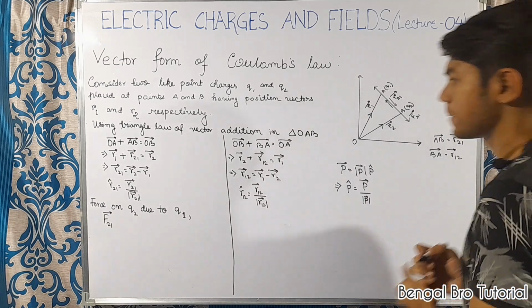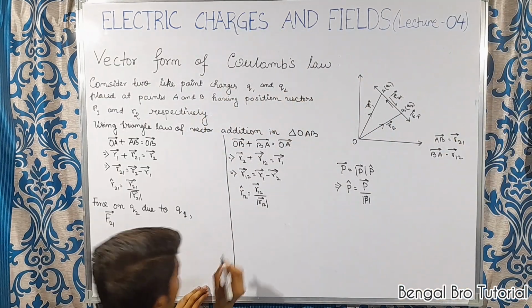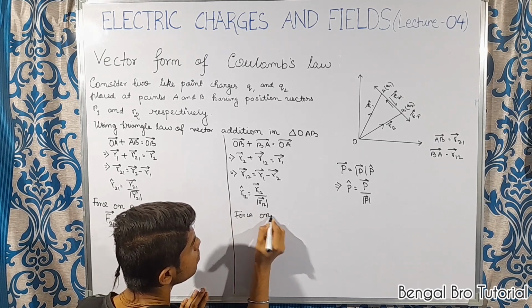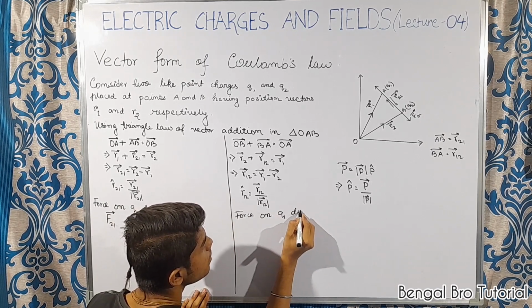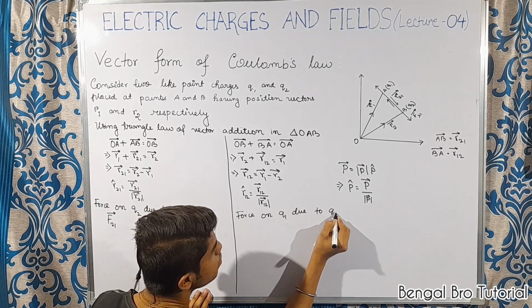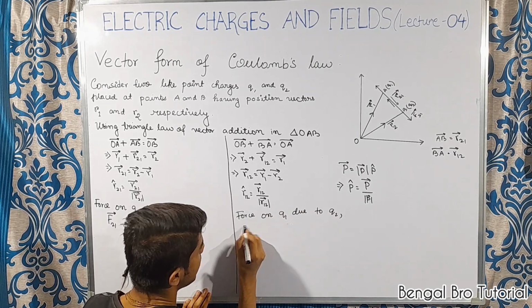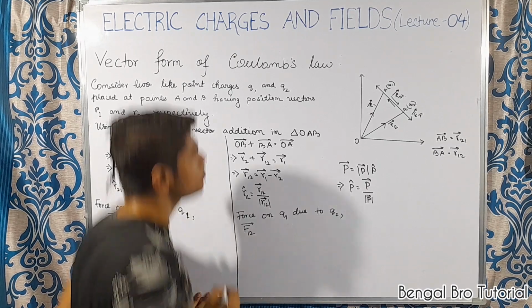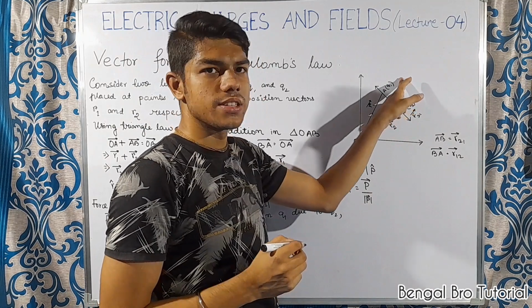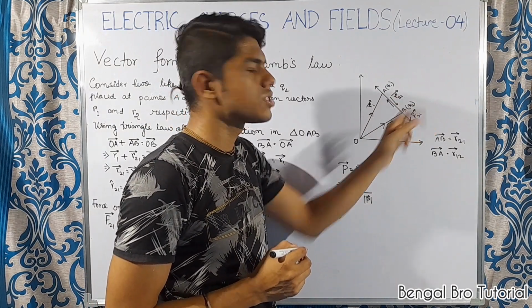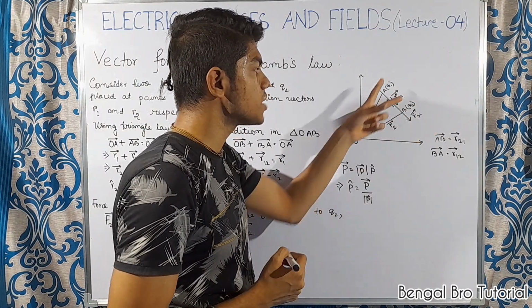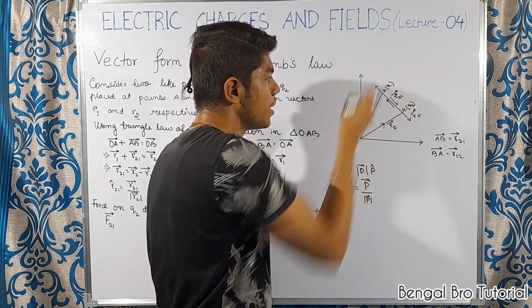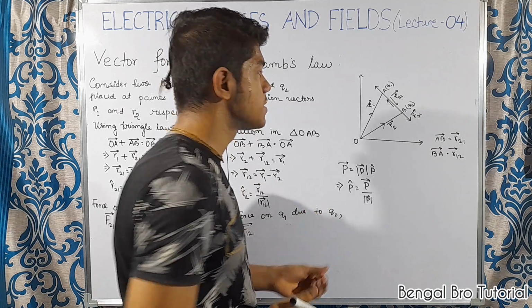Similarly, force on Q1 due to Q2 will be represented as F12. Here we are talking about the force which Q1 charge will experience due to the presence of charge Q2, and the two charges being like, they will repel each other and Q1 will move away due to the repulsive force.